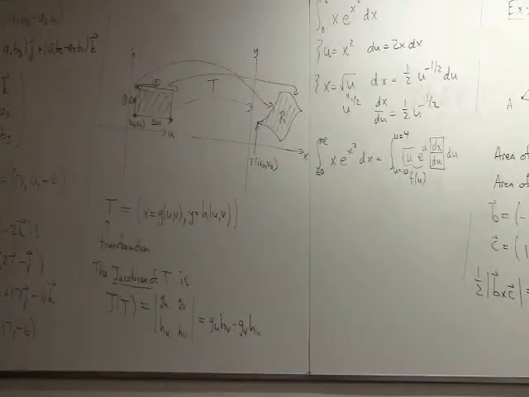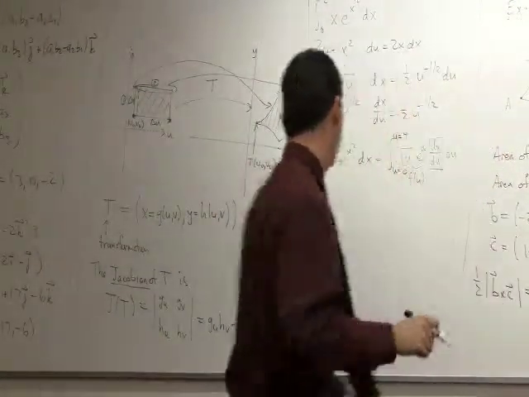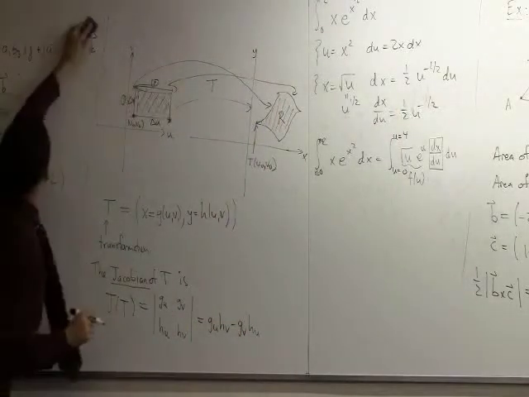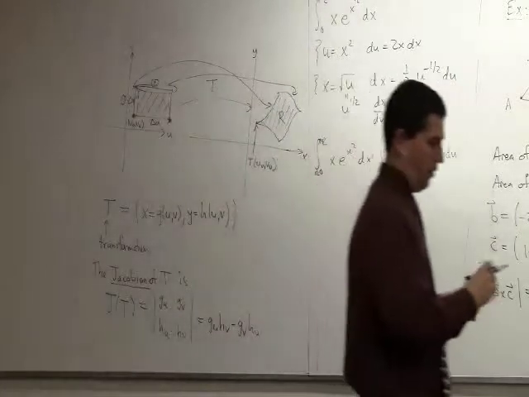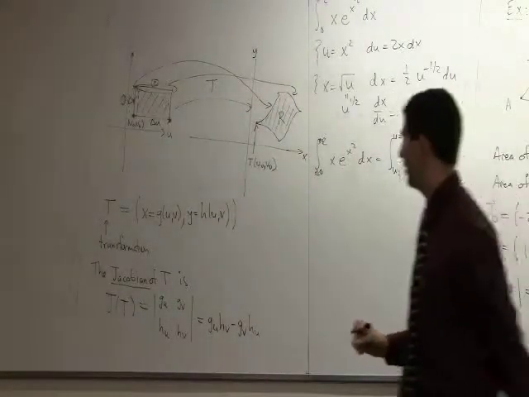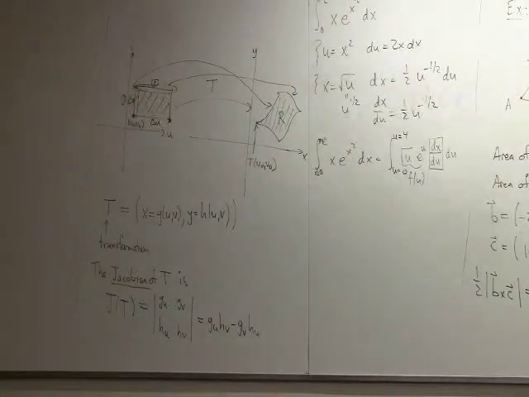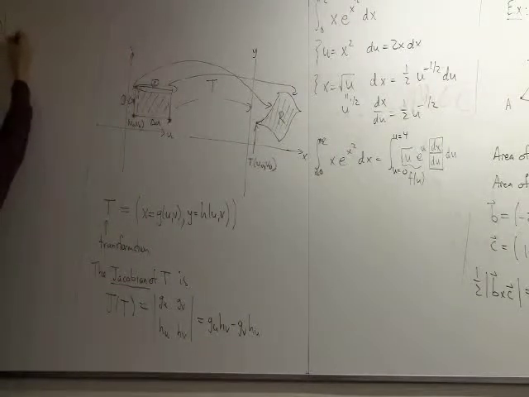We'll call it R. The reason why this Jacobian is interesting is because the Jacobian can be used to find an approximation for the area of R. So the area of R is approximately equal to the absolute value of the Jacobian evaluated at U naught V naught.